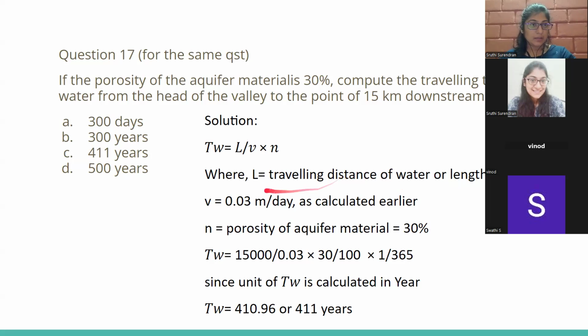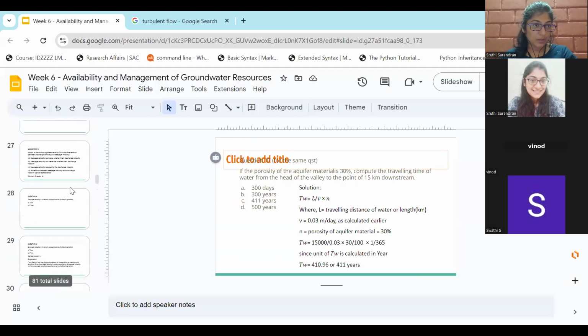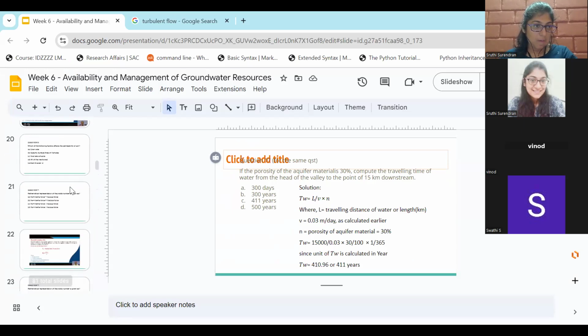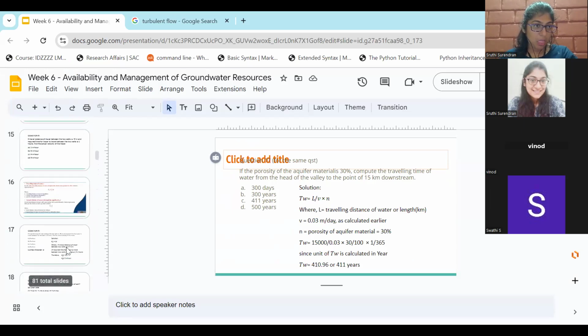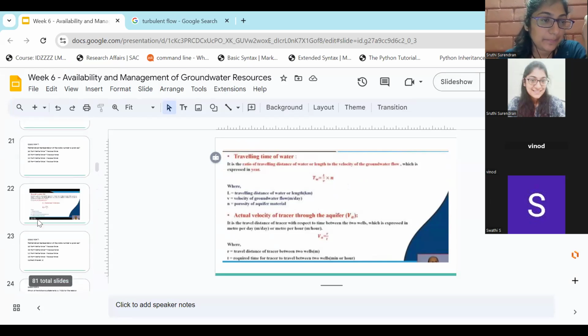Okay, so let me take you back to the equation. Here, the traveling time is the distance by velocity into porosity. Distance has to be in kilometers and velocity has to be in meters per day.